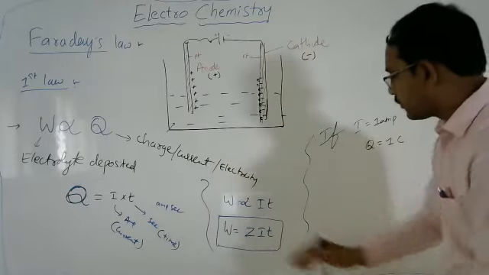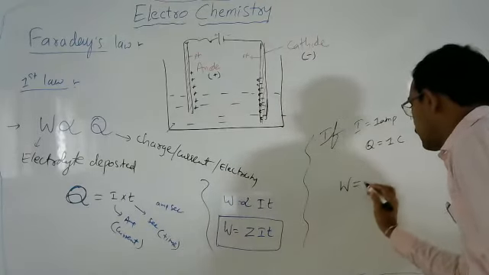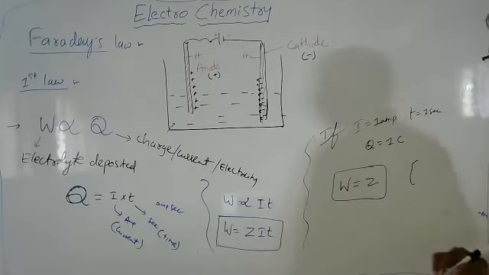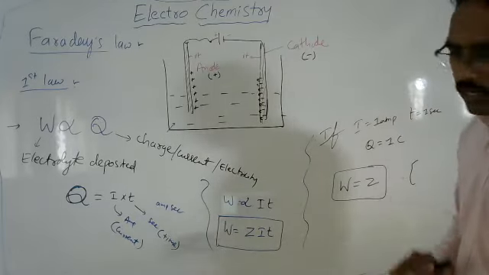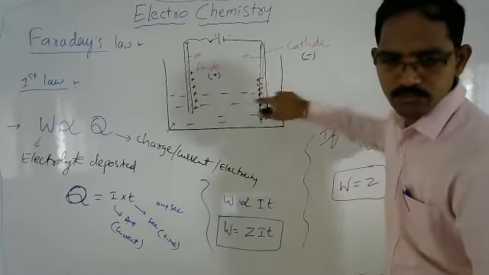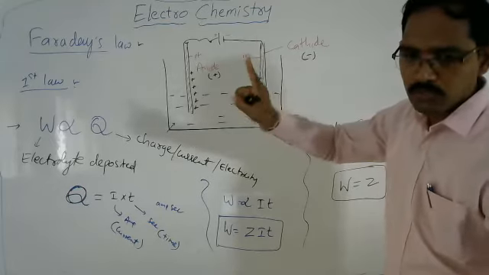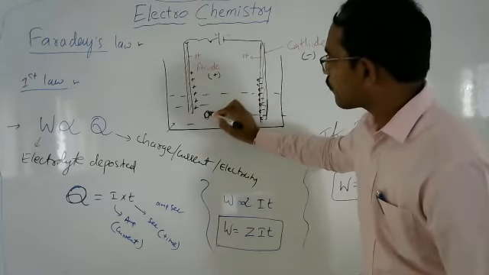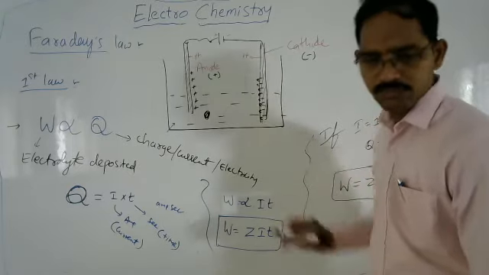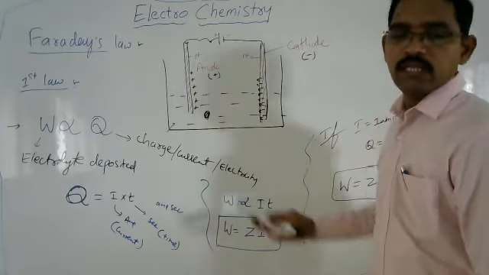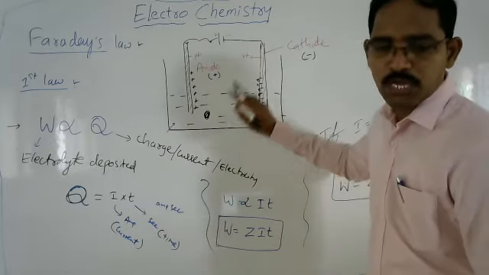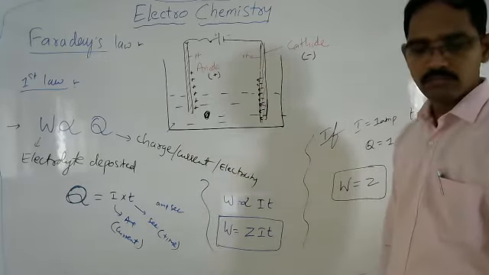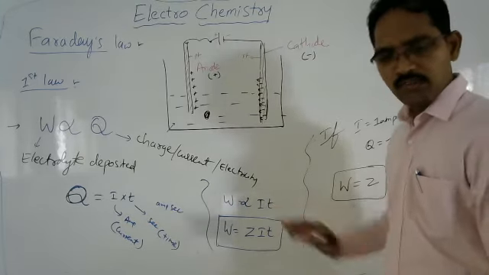If you put these values here, W equals Z. Therefore, we can give one statement: whenever 1 coulomb of charge is passing through the solution, whatever amount of metal or substance is depositing is known as the electrochemical equivalent mass, that is Z. I will tell you an easy method to calculate it.